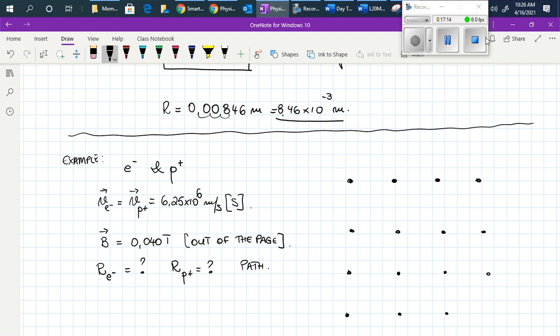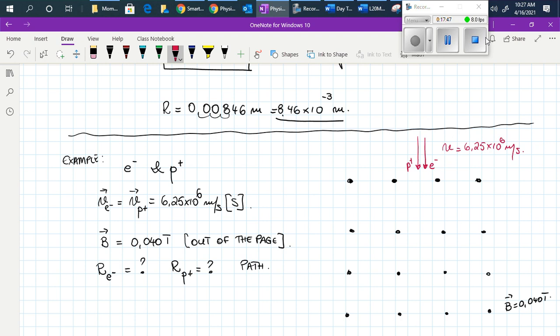So the magnetic field strength is 0.040 Tesla, and both particles, electron and proton, are entering and going south. They both have the same velocity of 6.25 times 10 to the power of 6 meters per second.